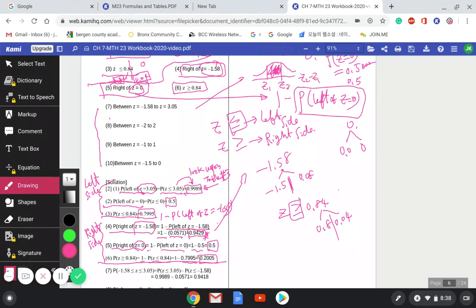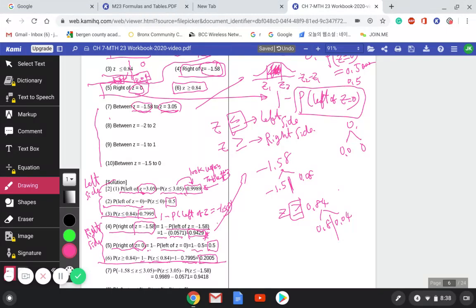So that's what we are going to do. If you are looking for between z equal negative 1.58 to 3.05, the way you do it is this value minus this value in probability.